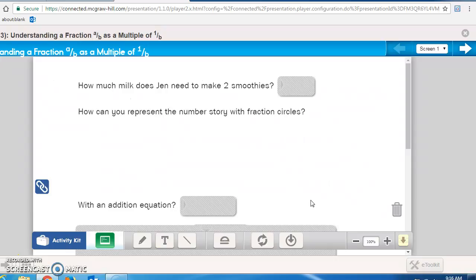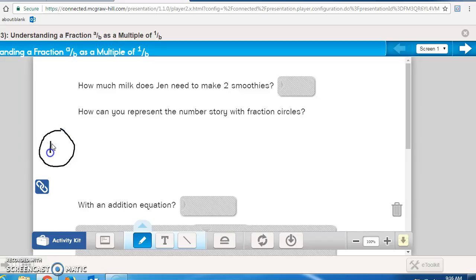Okay, I want you to still continue thinking about that math message. And for this activity, I'm going to say the red fraction circle is the whole. So I'm going to put the red fraction circle down here. I'm going to draw the circle, and I'll put R for red. And you should have that out of your baggie. And the piece that's going to represent the third is the orange fraction circle.